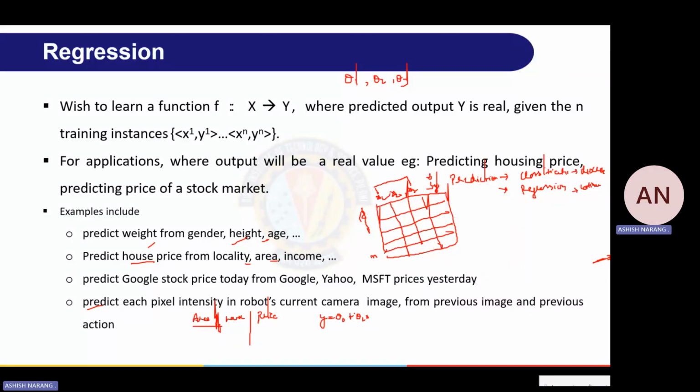While if there are more features, the equation will turn out to be theta 0 plus theta 1x1 plus theta 2x2 plus theta 3x3 and so on. Now, the house price may depend on a number of input features, right? So that is generally the case. To understand how regression works, we may take simply one input attribute and then say, okay, this is how the regression works.